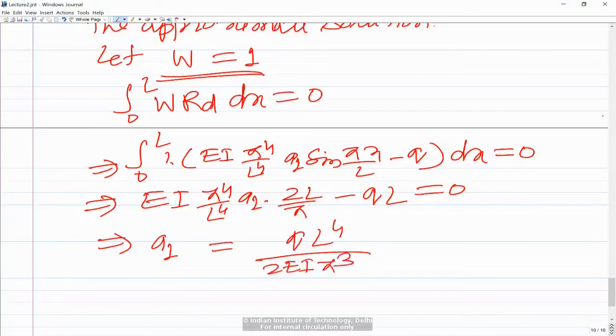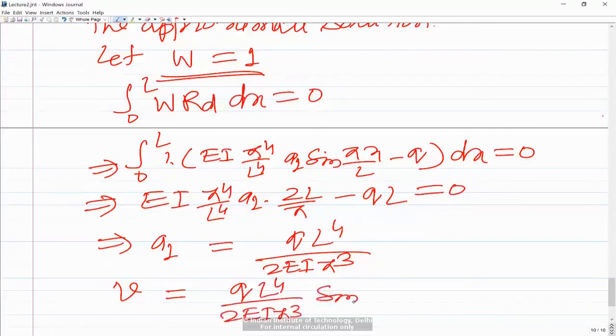So this is what you get as your a1, and therefore finally v, the approximate solution, is q L power 4 upon 2 EI pi cube sine of pi x by L. So only the coefficient is changing; of course the other things remain the same.